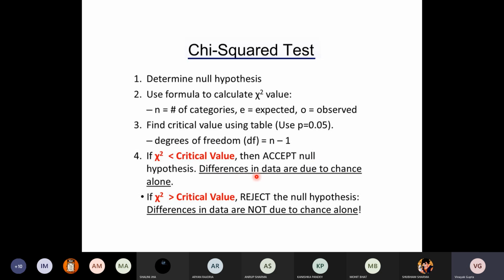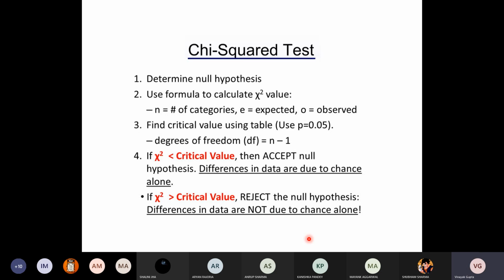That means whatever difference you see in the observed and expected data is just due to chance. But if the chi-square value is more than the critical value, then you have to reject the null hypothesis. That means the difference is significant, not just due to chance. It is not following the law of genetics.